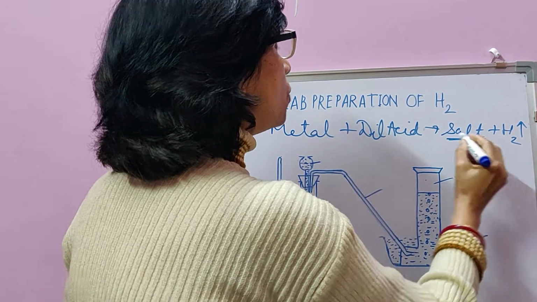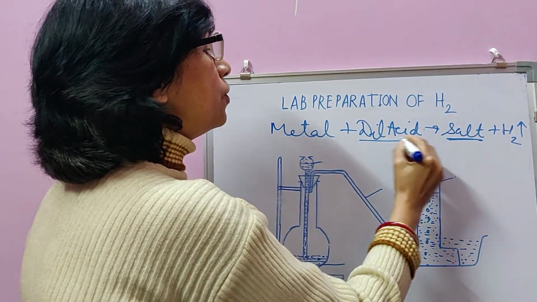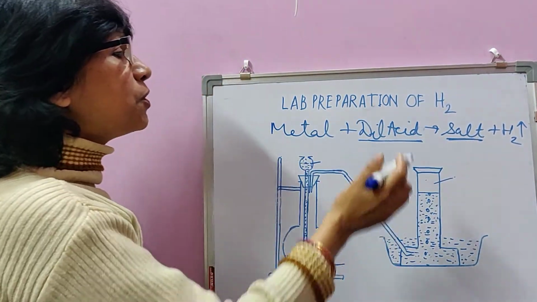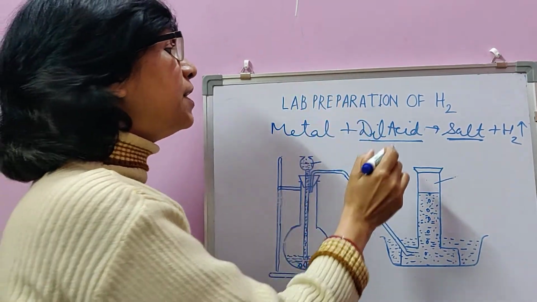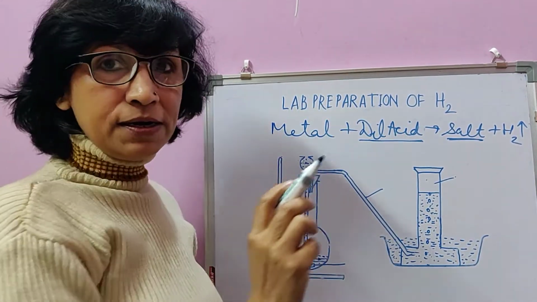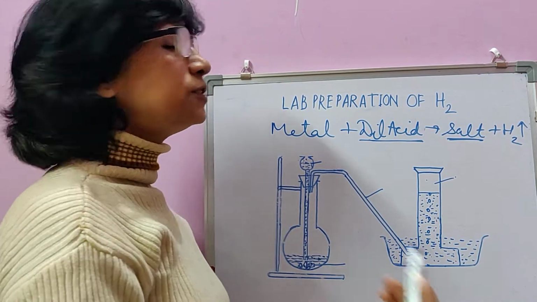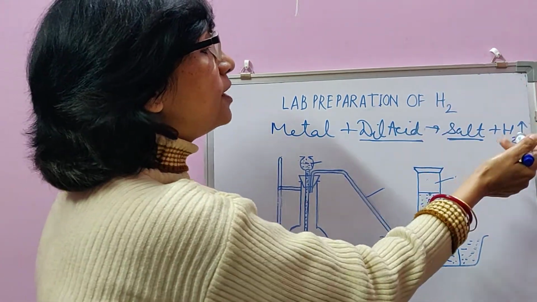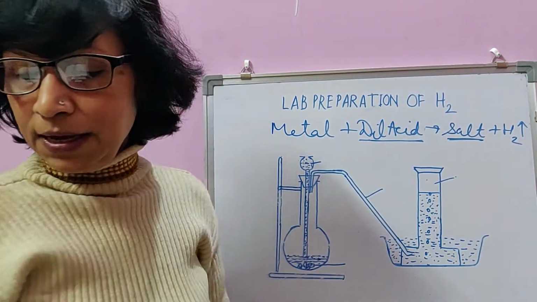The nature of the salt will depend on the nature of the dilute acid, because the negative radical present in the acid combines with the metal to form the salt, and the positive radical, that is the hydrogen, is displaced to form hydrogen.